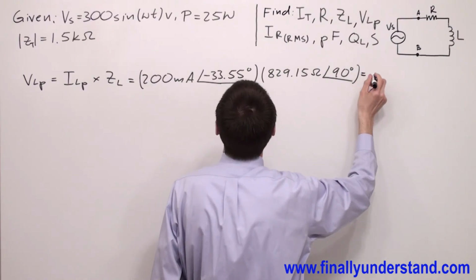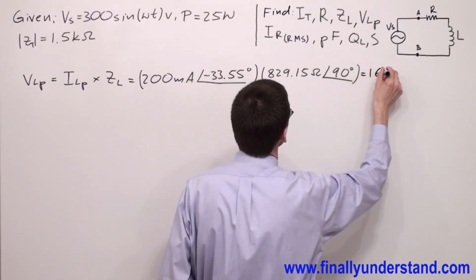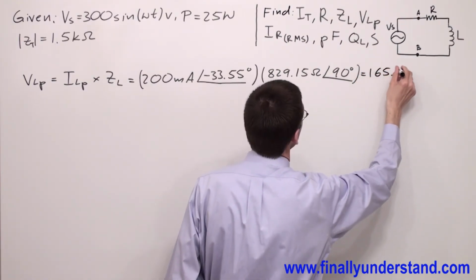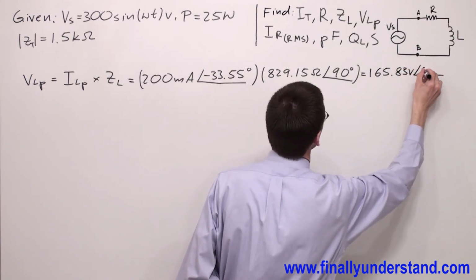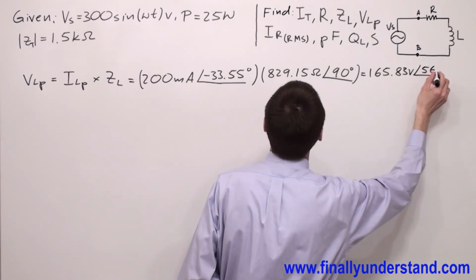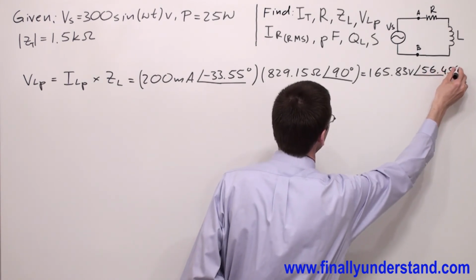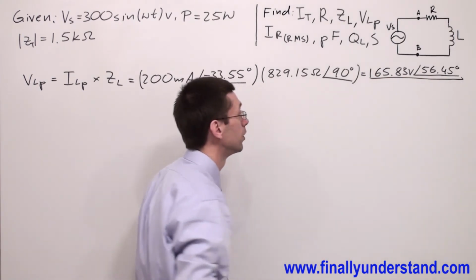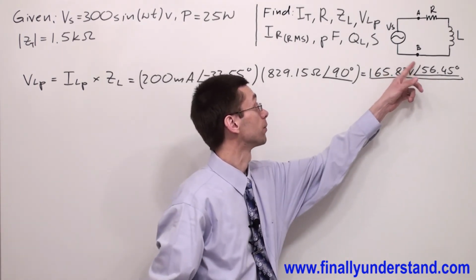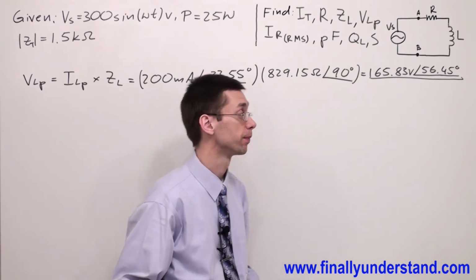This is equal 165.83 volts, an angle of 56.45 degrees. This is the voltage drop across the inductor, VL peak.